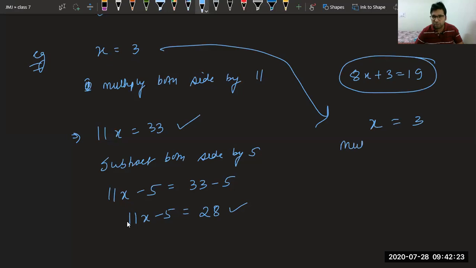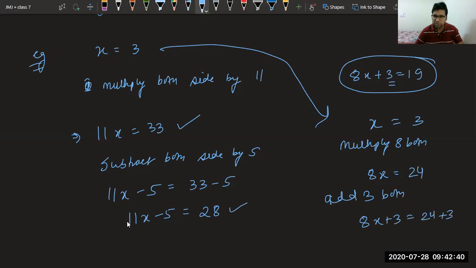You got 8x equal to 24. Now you have done plus 3 on both the sides. So add 3 both sides. You will get 8x plus 3 is equal to 24 plus 3. So answer is 27.